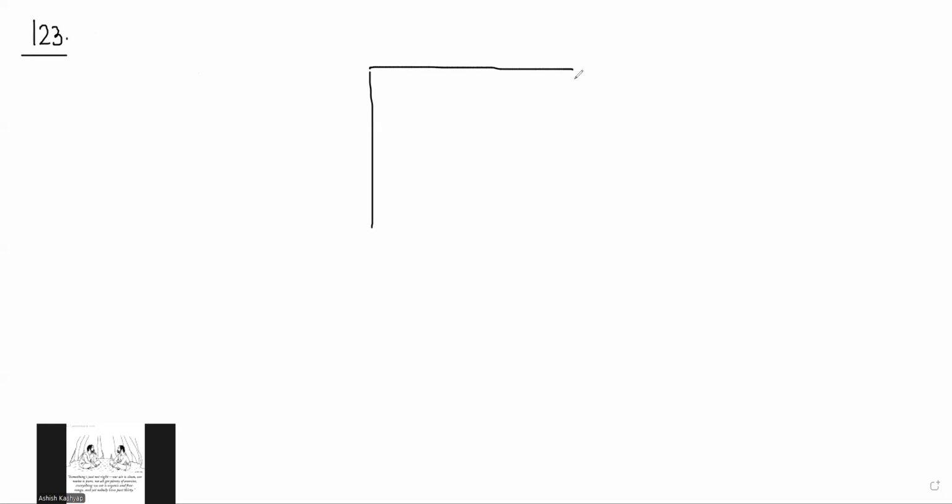123. Let E be a point on the side of a square. Okay, I'll draw the figure. There is a square ABCD.